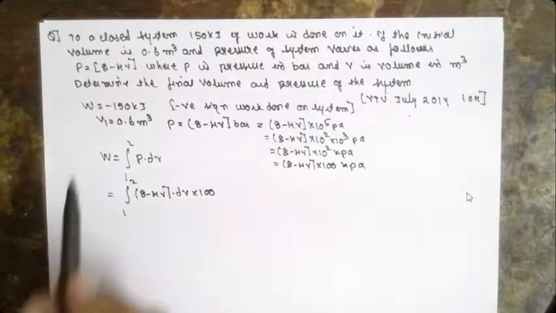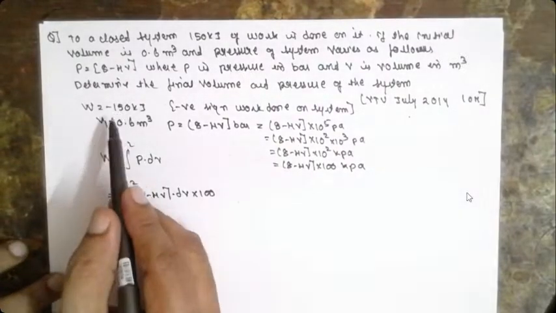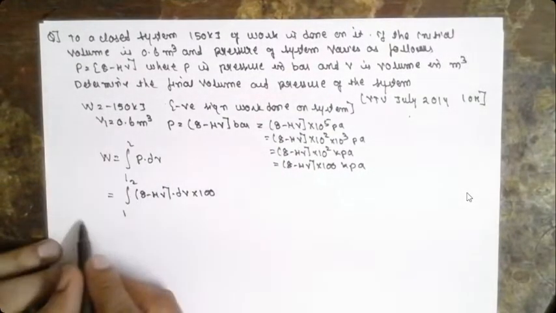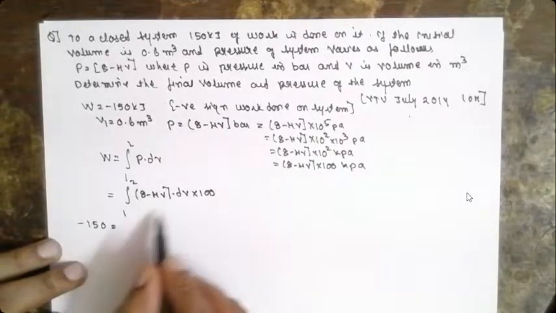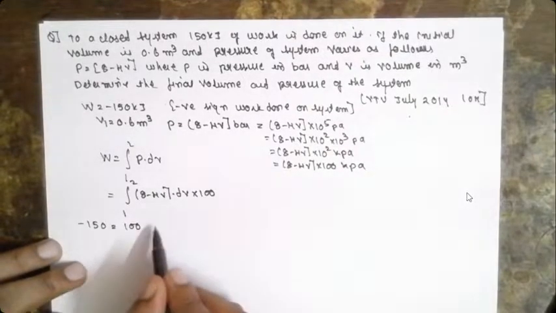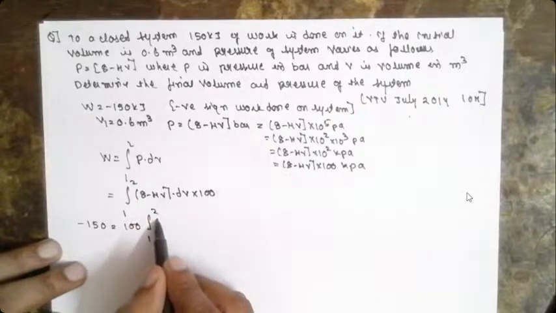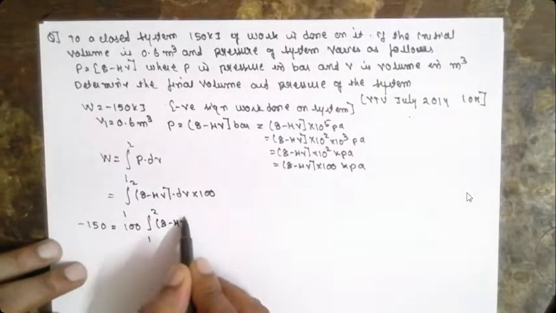We know that the work done is minus 150, so minus 150 is equal to 100, which is a constant, take outside, integration 1 to 2 of 8 minus 4V dV.